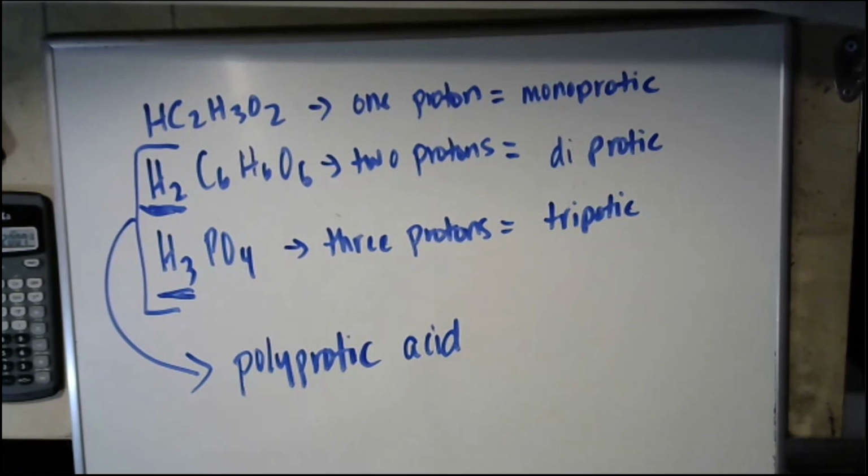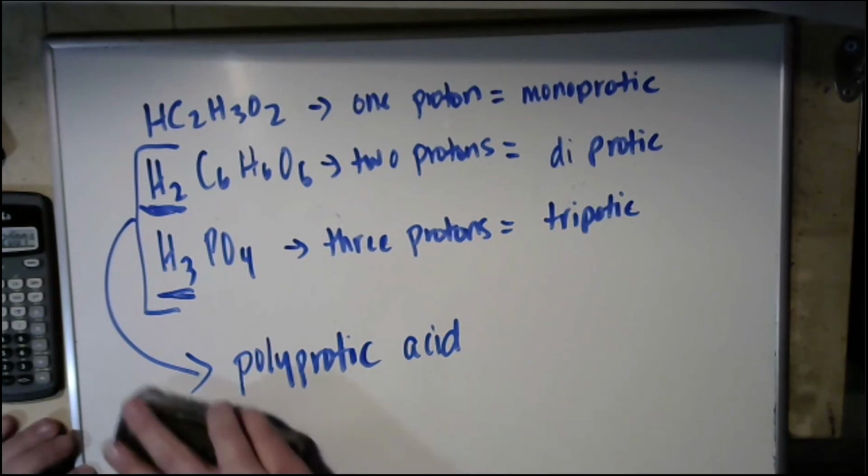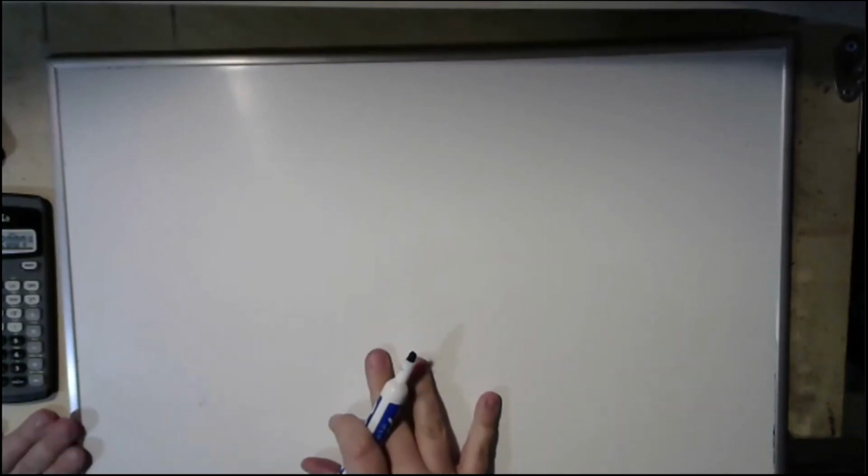And when you have polyprotic acids, you have to look at the Ka values to figure out which hydrogen ionization is going to contribute the most hydrogen ions to the solution, because that's going to affect the overall pH more. In the case that we're looking at here, our first Ka value is significantly larger than our second Ka value. So that's going to affect the overall pH of this solution, and we can really focus in on that in terms of finding the pH.